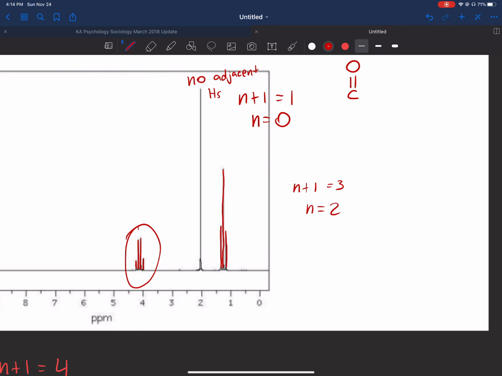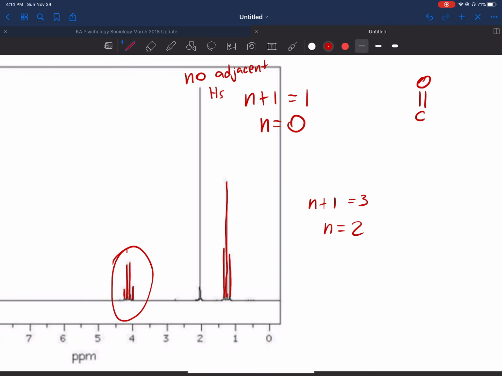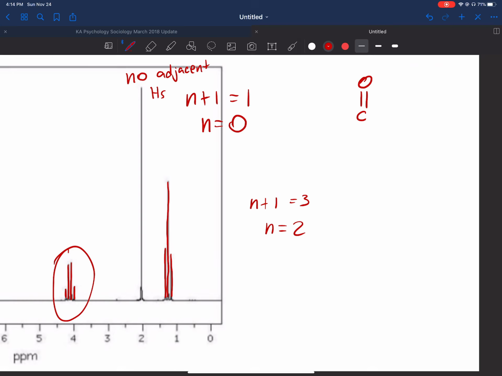All right? So we're going to have to build it off the base of that to make it easier. I'm going to move it over a little bit. Oh, never mind. All right, so here's our carbonyl. So the easiest peak to probably start out with is this singlet. It says there are no adjacent hydrogens next to it, right? Again, whatever hydrogens we're looking at for this peak, there are none next to it. Now, you can see right here, carbonyls, remember, this one does not have a hydrogen on it as of yet. We didn't put anything here.